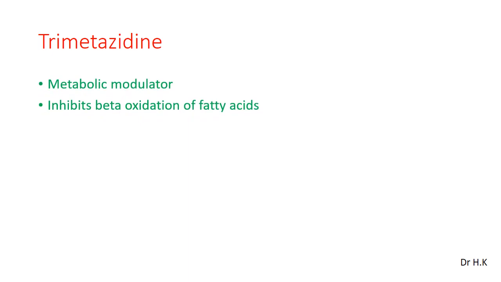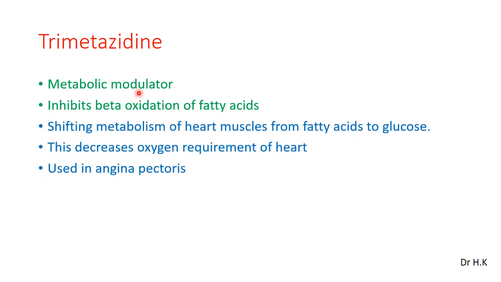Next is the drug which cannot be used in CHF, trimetazidine. It is a metabolic modulator, inhibits beta oxidation of fatty acids, and shifts the metabolism to glucose. Metabolism of heart muscle is shifted from fatty acids to glucose.